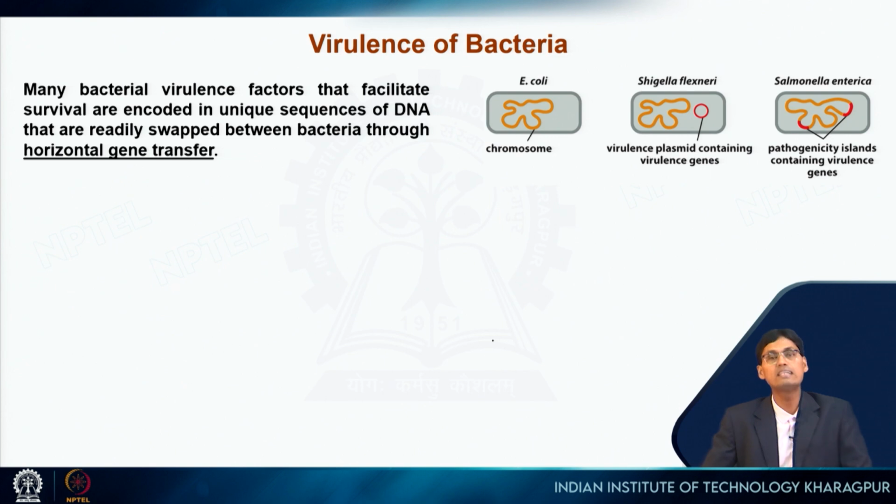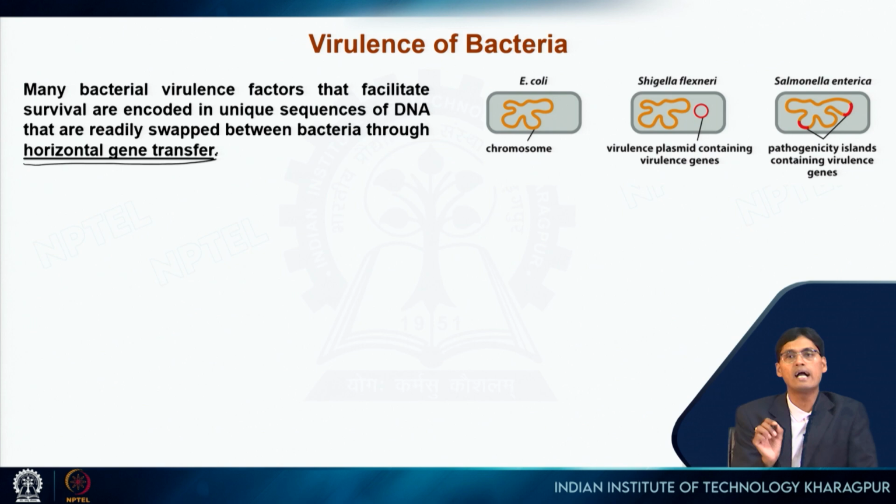Now, many bacterial virulence factors that facilitate survival are encoded in unique sequences of DNA that are readily swapped between bacteria through horizontal gene transfer. This is very important, and this is happening in bacteria particularly, I would say in microbes, right? In our body this is not happening, that horizontal gene transfer.